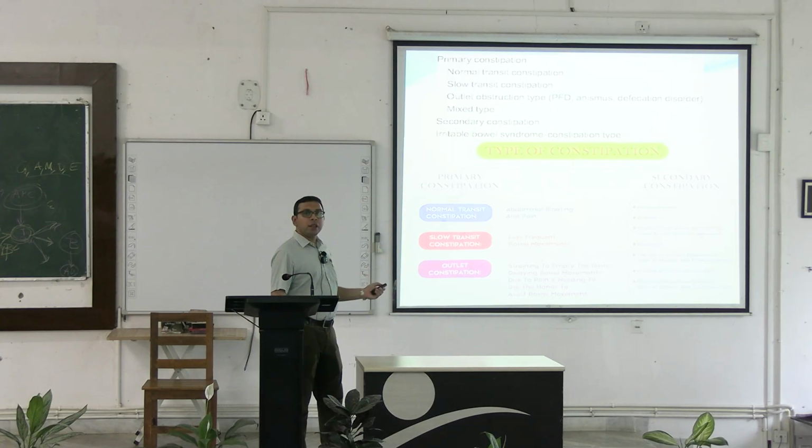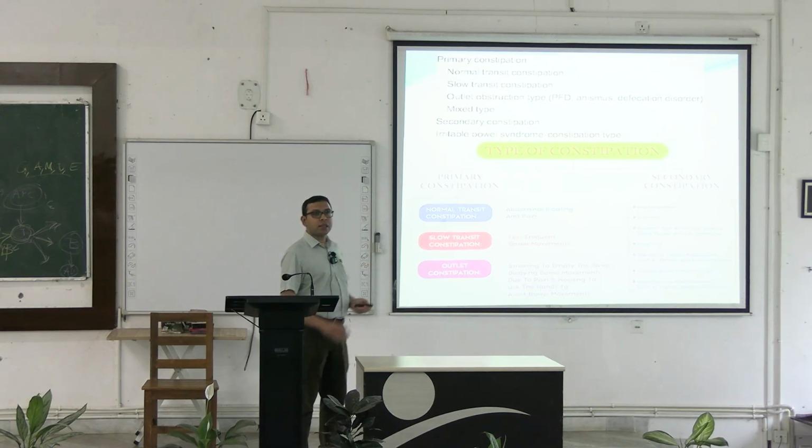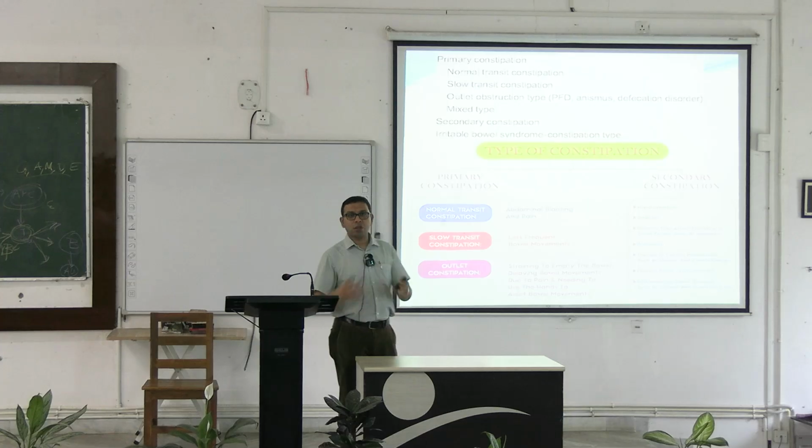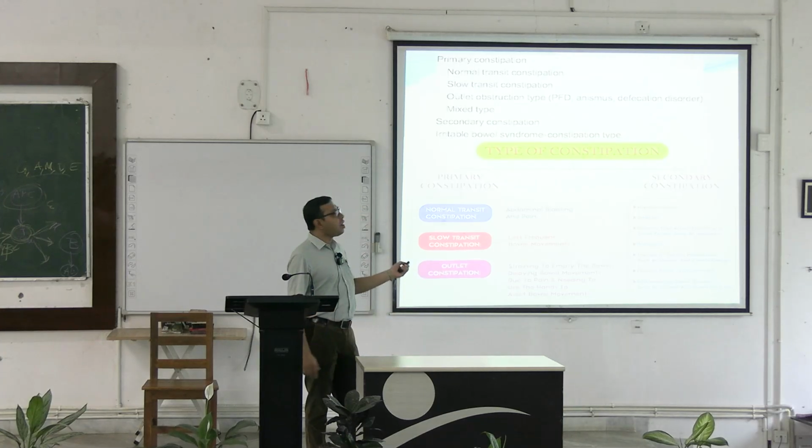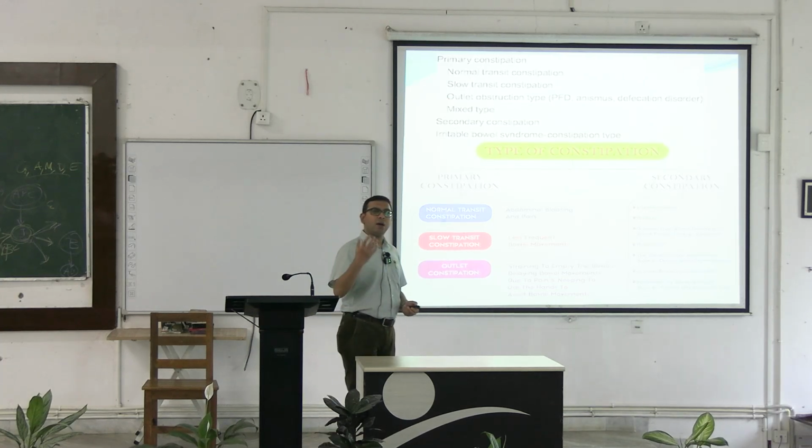So, primary constipation and secondary constipation. Primary constipation can be divided, as we have already discussed, into normal transit constipation, slow transit constipation, or different types of defecatory disorder, which can also be classified as outlet obstruction types. In secondary constipation, there are different drugs or diseases that lead to constipation.